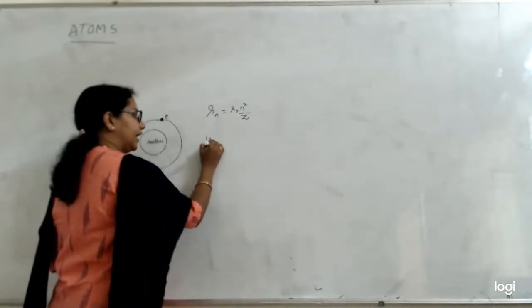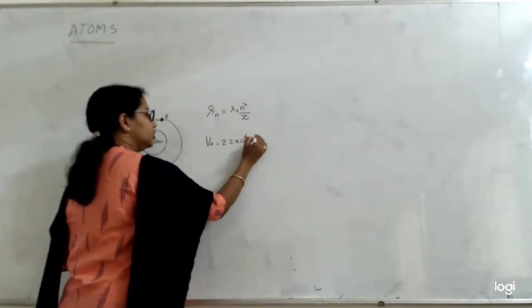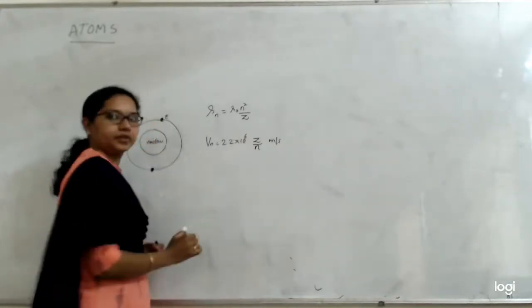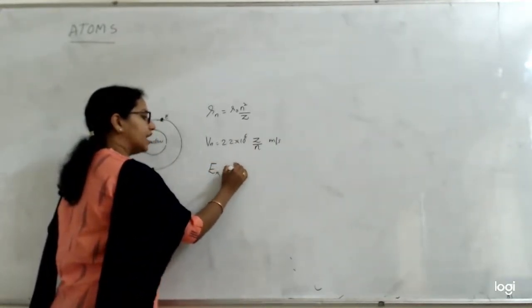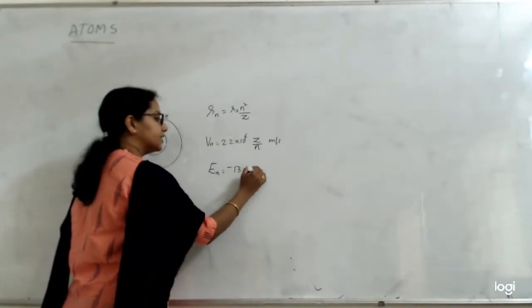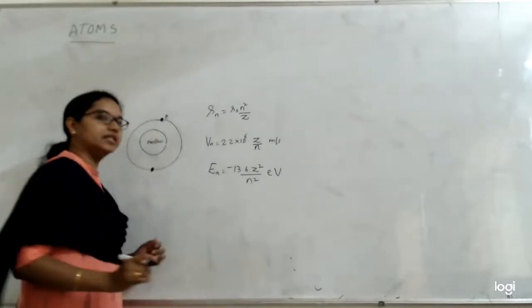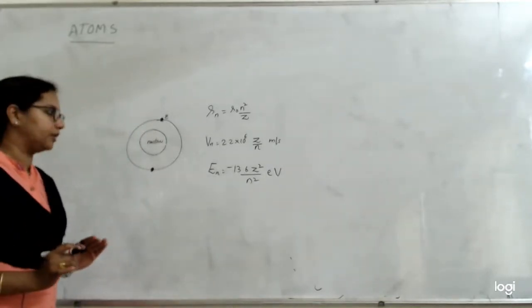We can also find the velocity as 2.2 into 10 to the power of 6 z by n. That is the equation for velocity. And the energy of an electron in the nth orbit, I can write as minus 13.6 z square by n square electron volt. This is the equation for the energy of an electron in the nth orbit.